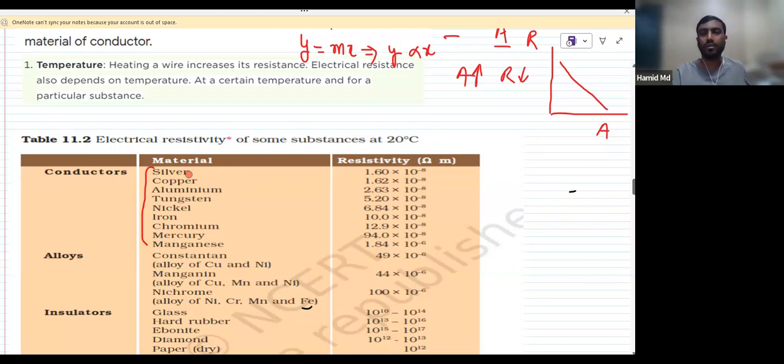That's why we use conductors for electricity or electric devices. Silver's resistivity is very low, 1.60. As resistivity increases, conductivity decreases, right?